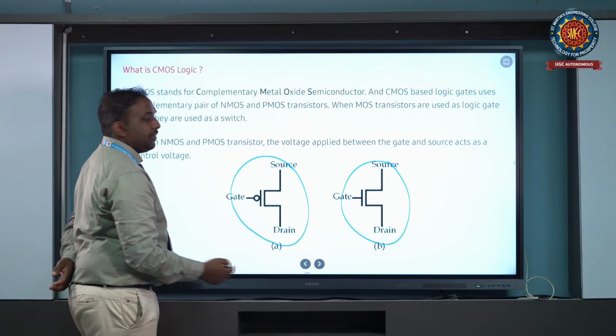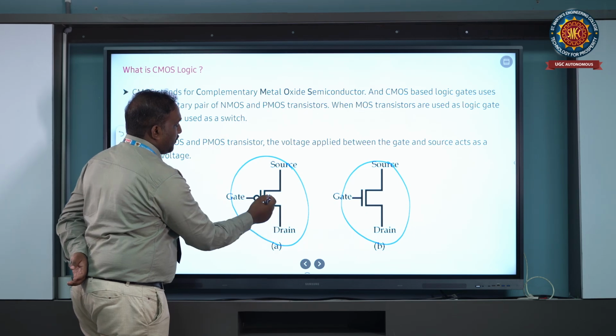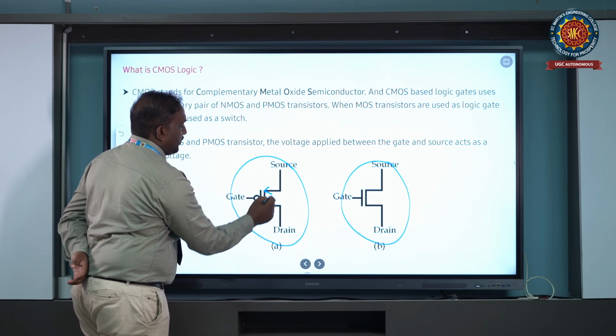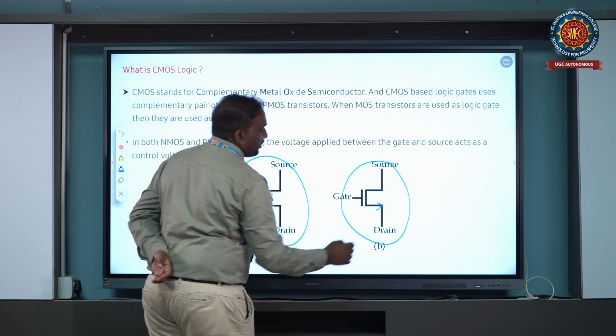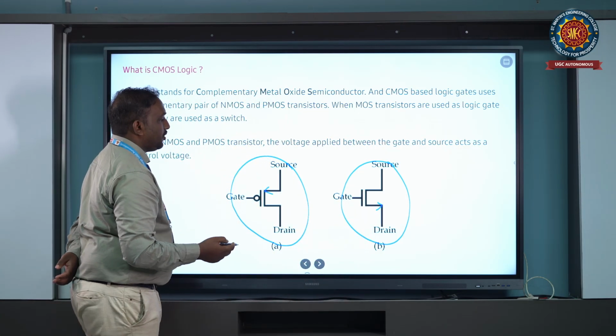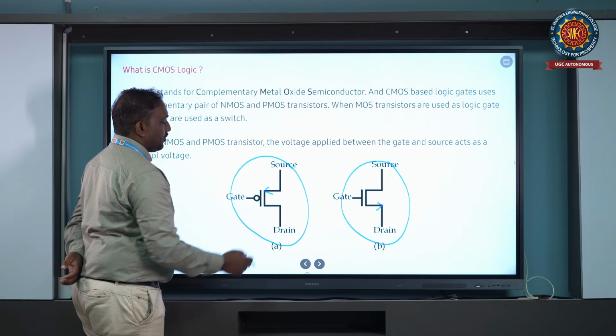PMOS consists of gate, source, and drain. The flow of current will be like this, and for NMOS the flow of current will be in the downward direction.